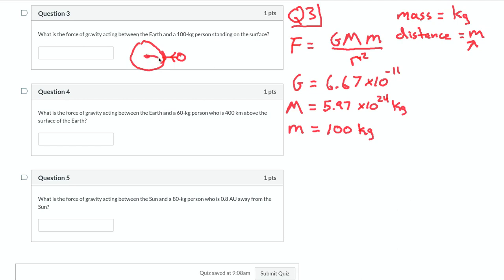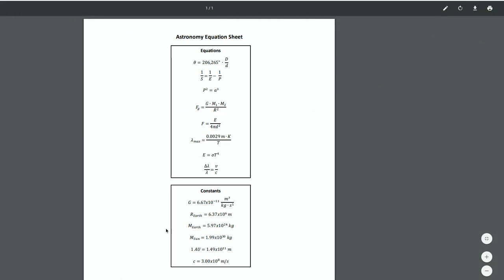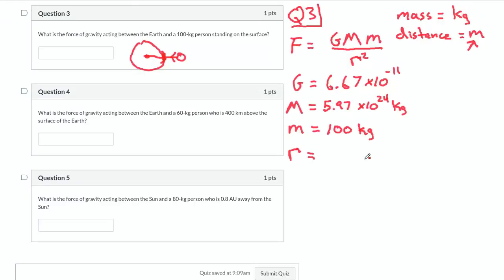So in this case, we'd actually have to use the radius of the Earth as our distance from the center to the surface. So our R value is going to be the radius of the Earth, which is also given on our equation sheet. Radius of the Earth is 6.37 times 10 to the 6 meters.